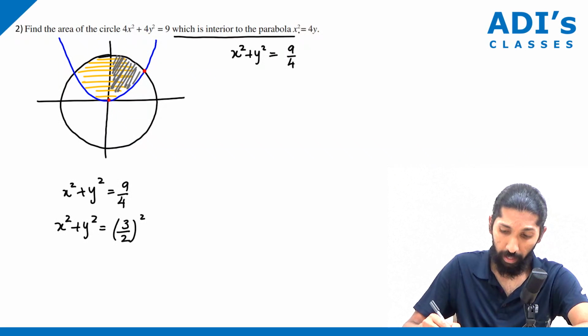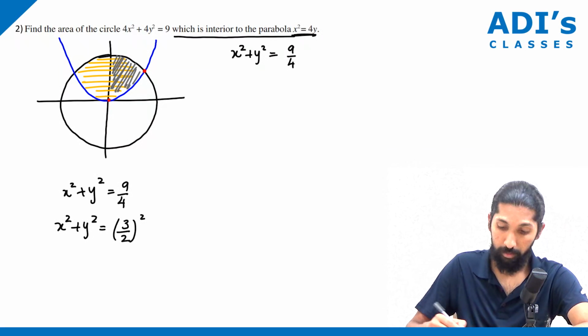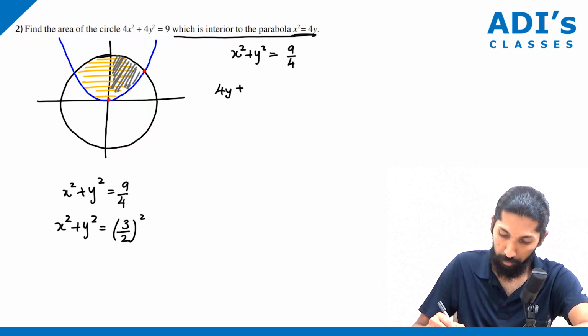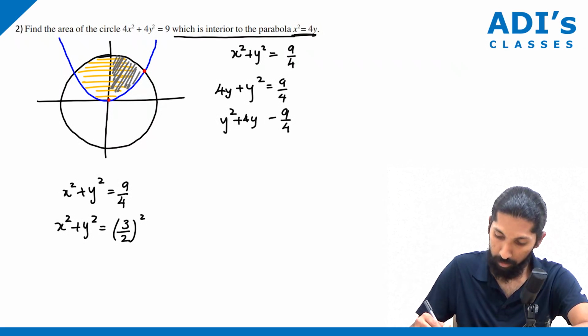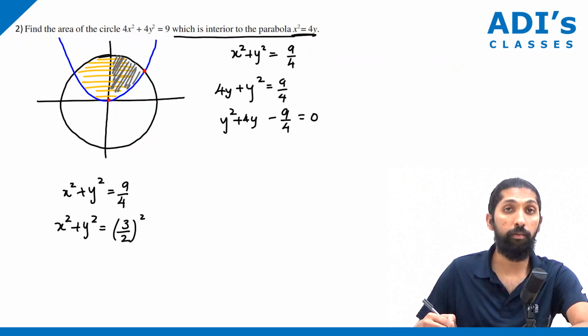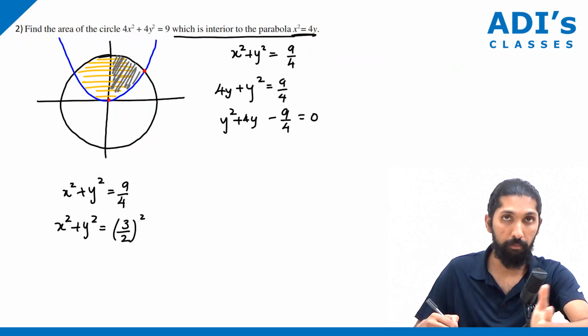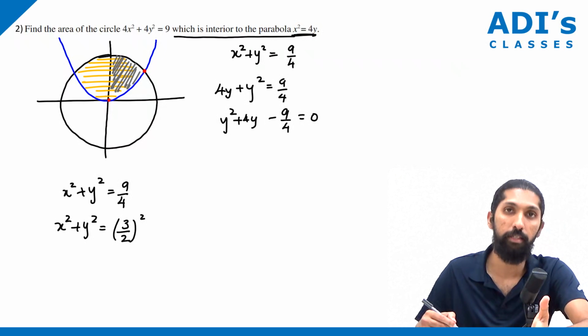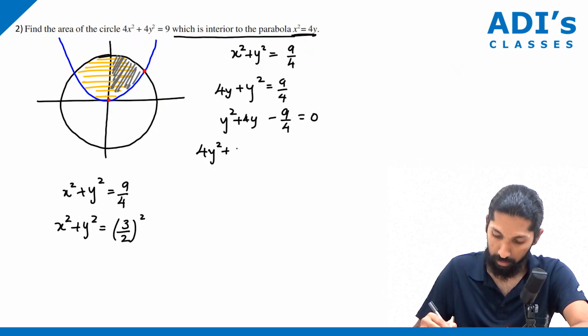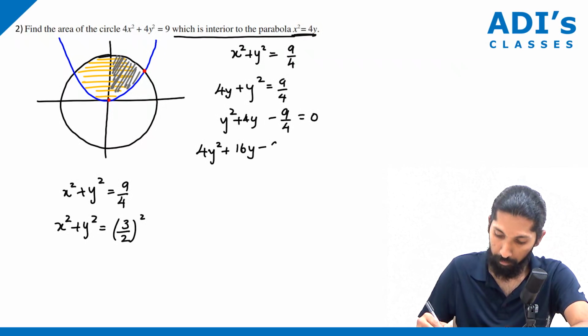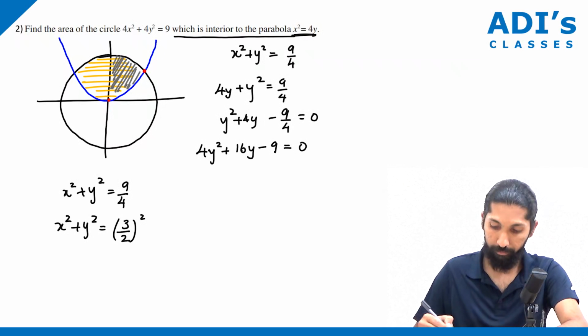But x square is nothing but 4y. 4y plus y square is equal to 9 by 4, or y square plus 4y minus 9 by 4 is equal to 0. Now if you want, you can multiply the entire thing by 4. It's going to make things a lot easier, that's all. 4y square plus 16y minus 9 is equal to 0.